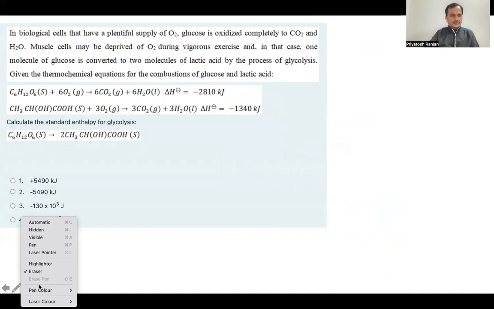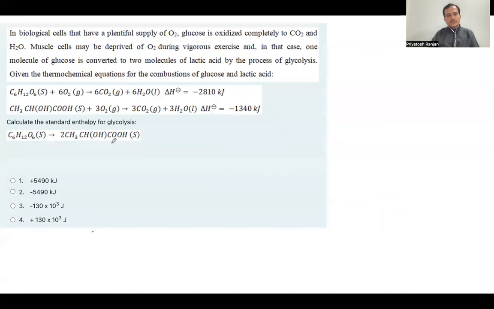look at the direction of the reactions. The lactic acid should be there on the product side. Here the lactic acid is given on the reactant side. So I need to reverse this reaction, and by doing so, the value of the standard enthalpy is going to be plus 1340.